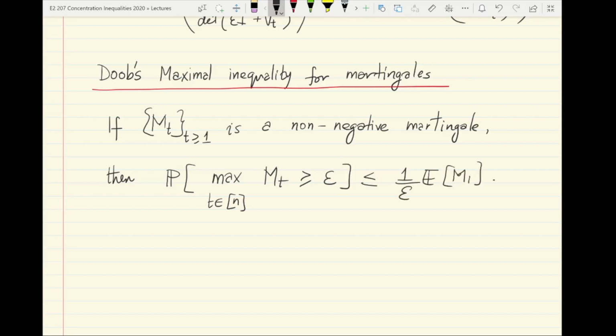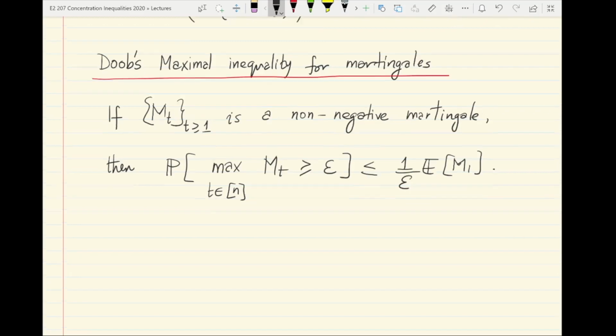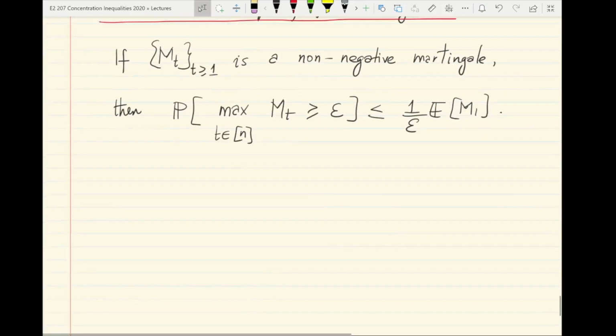This is very similar to Markov's inequality, except that it strengthens it by allowing you to replace the supremum of this martingale over an interval of time 1 through n with its first element m1. Okay, so that's what Doob's maximal inequality allows you to do.